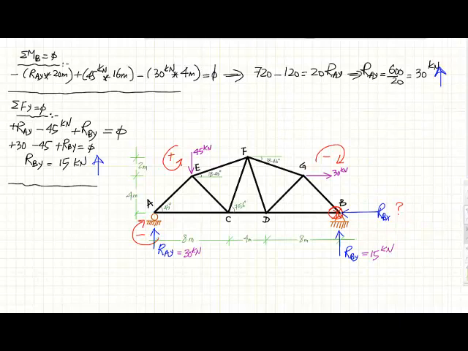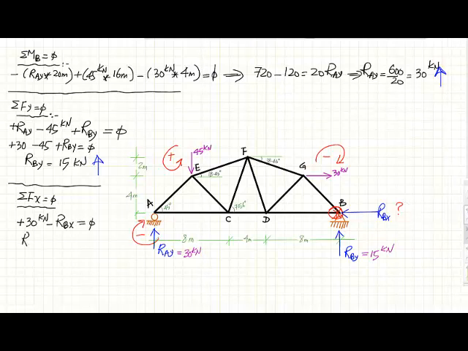So we'll apply now the sum of all forces in the x direction equal to 0 equation. And for this one we have this force, which is going east, positive, so it is plus 30 kilonewton. And we have the reaction which we suggested to be going west, so it is negative, minus RBX, and there is no other horizontal force here, so it is equal to 0.